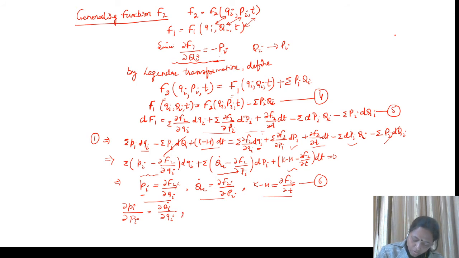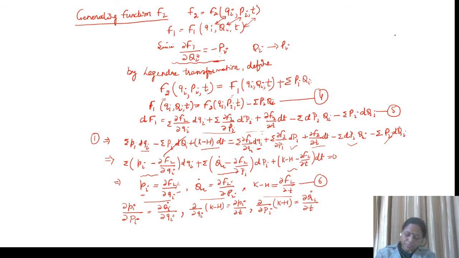And similarly from here, if I differentiate it with respect to qi, I'll use this one. If I differentiate this equation with respect to capital Pi, third part of 6, then it will be delta Qi by delta t. So you may consider either this one or this one, and this is known as Maxwell relation.